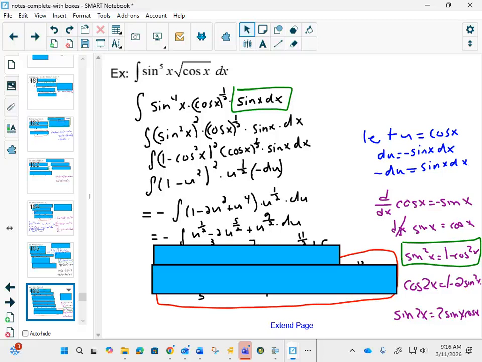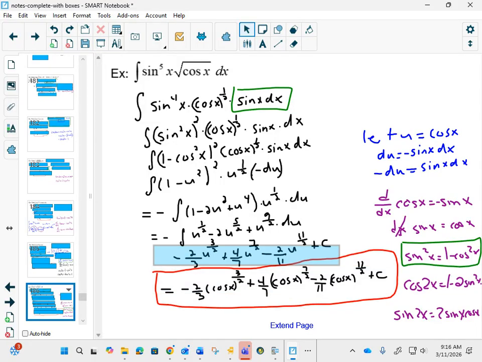Our job though was to get it into a form where we knew we could integrate, and now they're all powers, so you can just add 1 to the exponent and divide, for all 3 of them. And I multiply by the reciprocal right away, because you would have 7 over 2 divided by 7 over 2, which would be multiplied by 2 sevenths, and you get 4 sevenths.